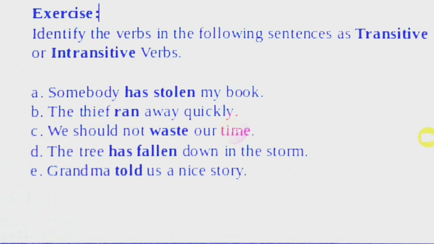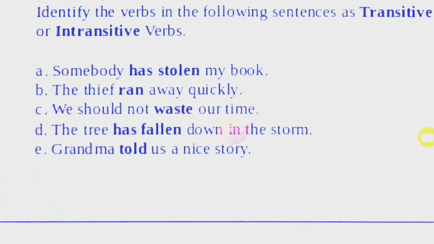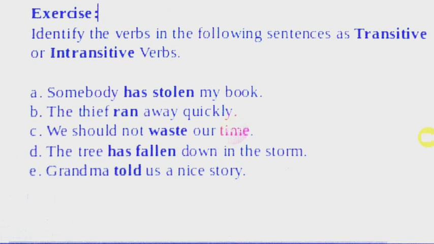Has fallen is a verb, and we have to find out whether there is an object or not. Next one: grandma told us a nice story. Told is the verb, and we have to find out whether there is an object or not. If there is an object, the verb is transitive. If there is no object, then the verb is obviously intransitive.